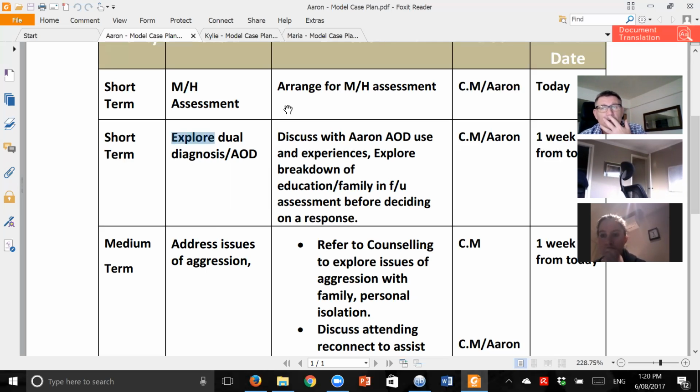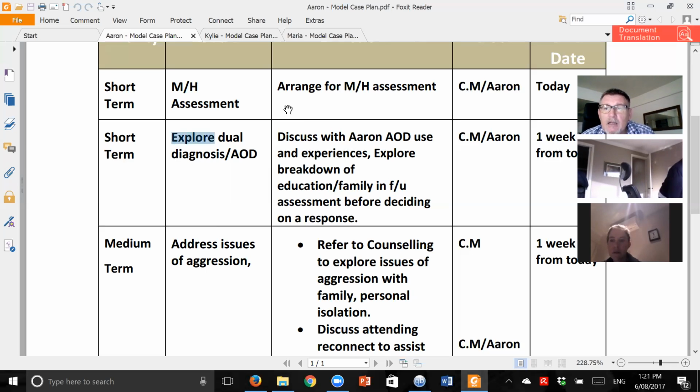Now, if we remember, this is a legal document. And if something happened, let's say you took Aaron on board and Aaron killed himself because he used drugs, and you hadn't identified that and you'd done an assessment with him, and so the court pulls in the document and says, here's your document. He was your client.